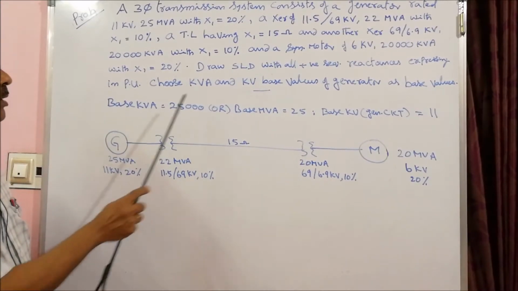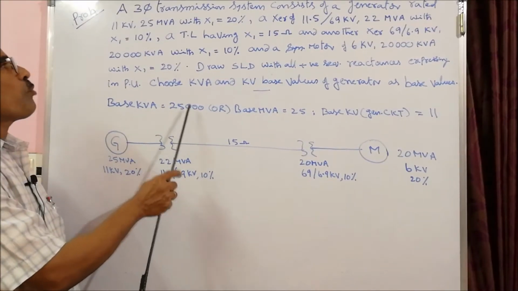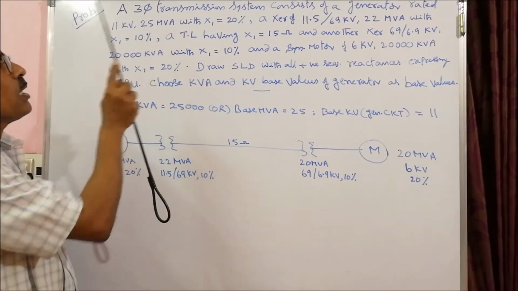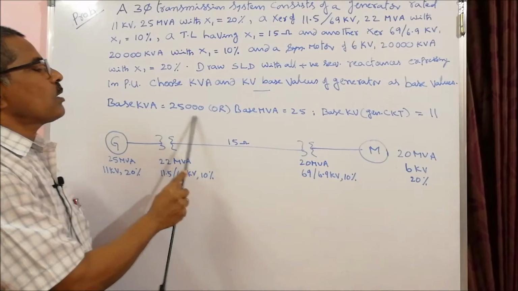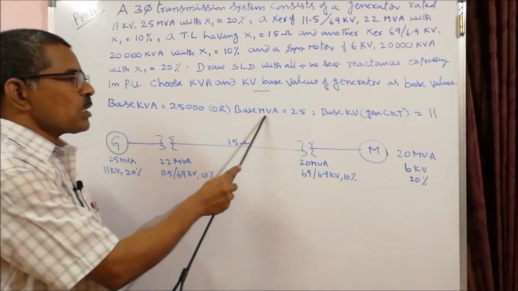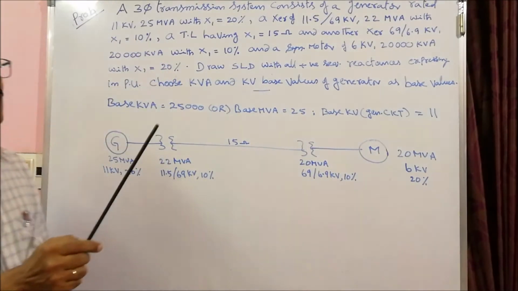In the solution, you select base kVA 25,000 as that of the generator, which is nothing but 25 MVA. 25,000 kVA means base MVA is 25, base kV 11.